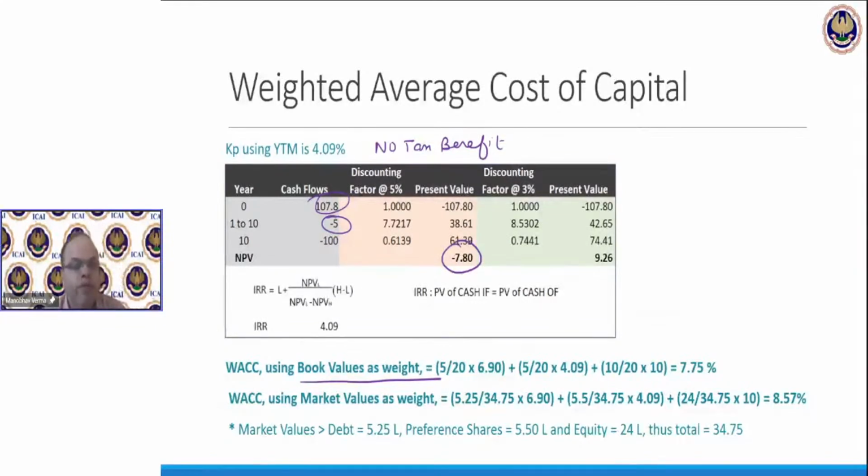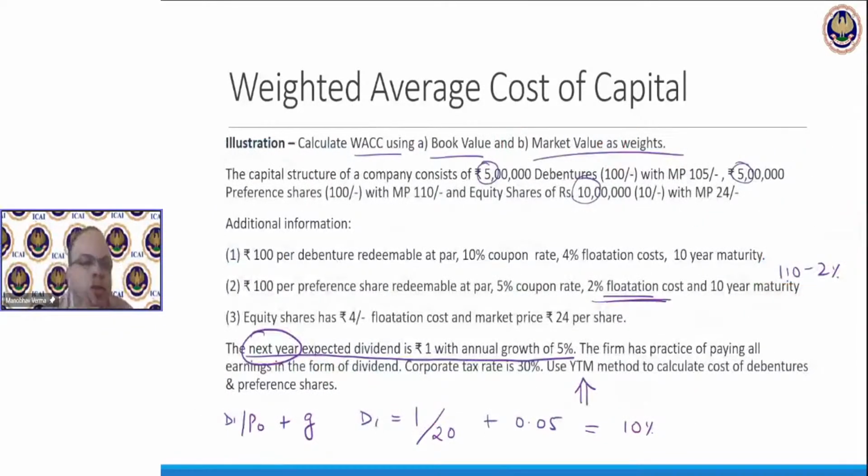Similarly, if we were to take market values, that's also given to us, no? The market price is given to us. So what is the market price for the debenture here? I think we're looking at 525,000. What is the market price for preference shares? 550. What is the market price for equity? Are we looking at 24 lakhs?